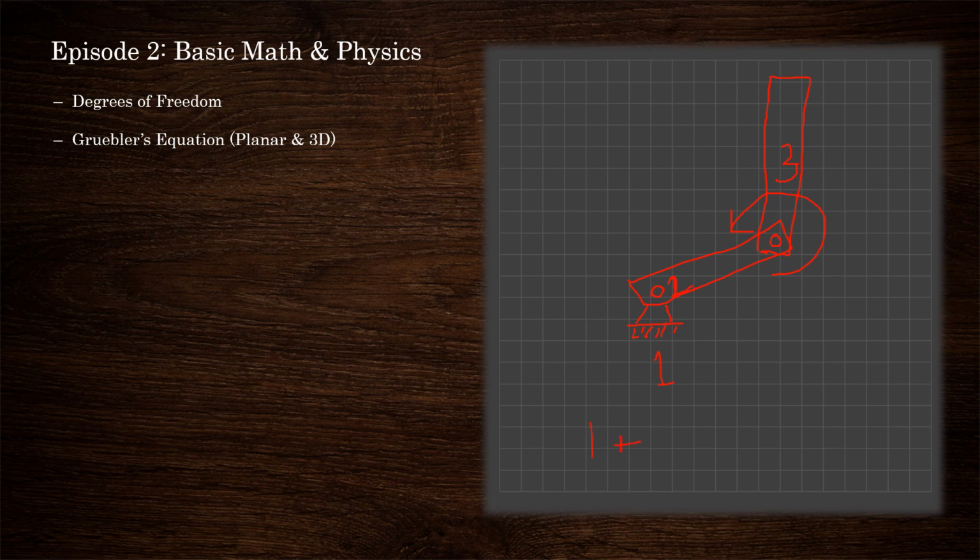And then there's one more link here, which also has lost 2 degrees of freedom. It's got only 1. So this system's total degrees of freedom, I'll call it DOF, also called mobility, is 2. What it means is that if I want to define a system of links, I need at least 2 parameters that can physically define the system's position. That's what this really means.